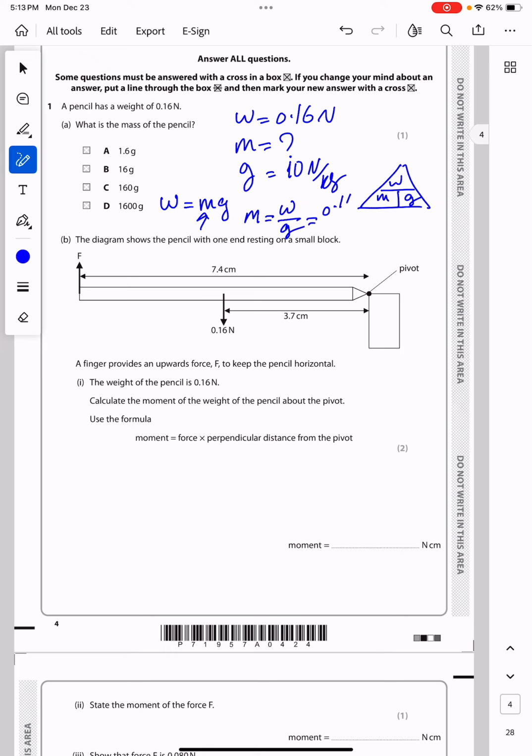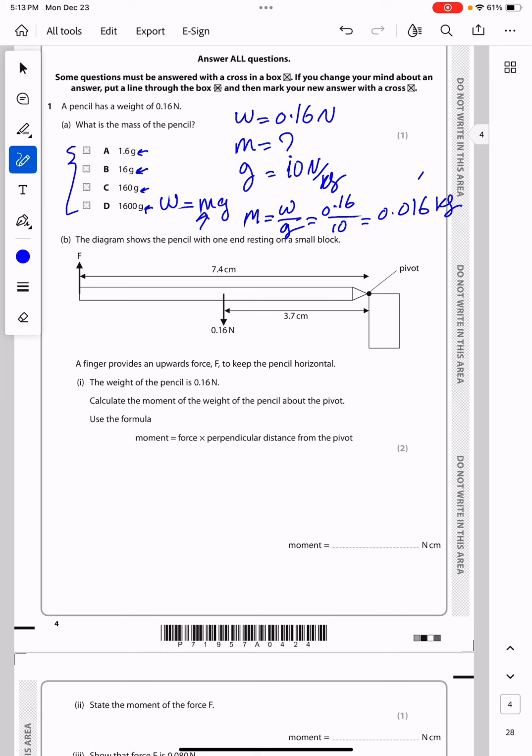So it's 0.16 over 10, which will make it 0.016 kilograms.